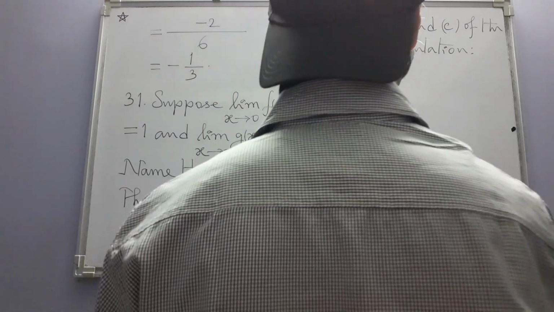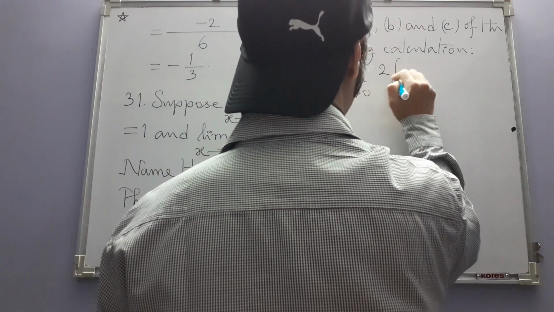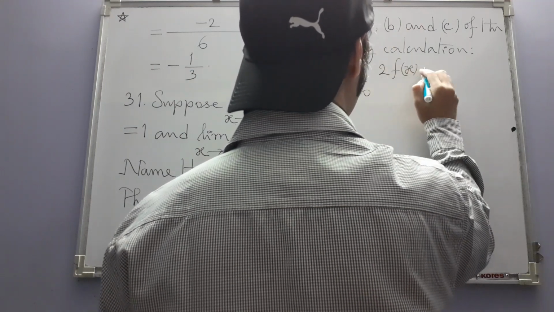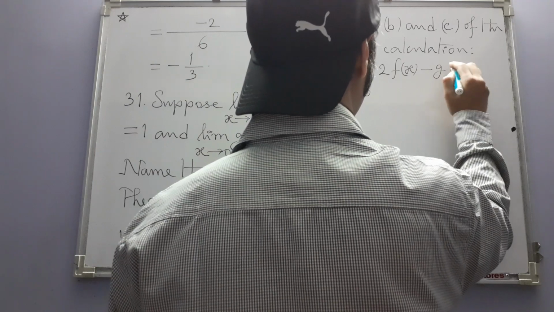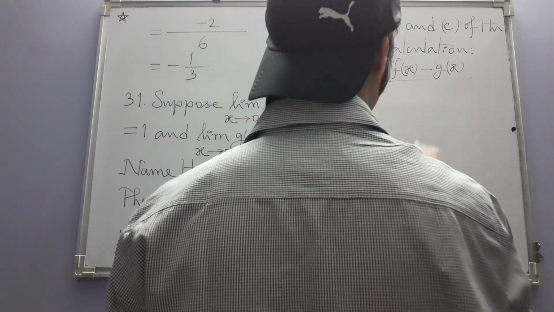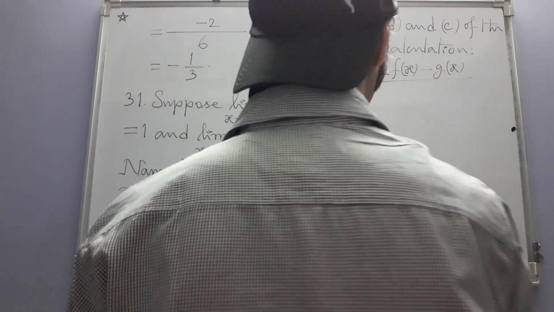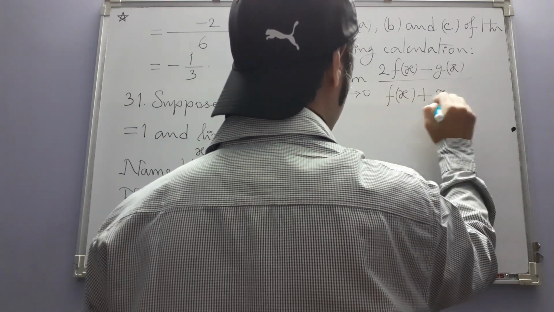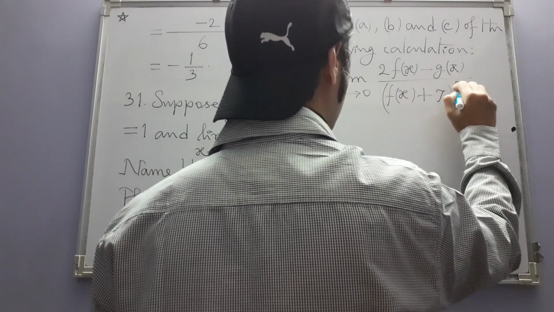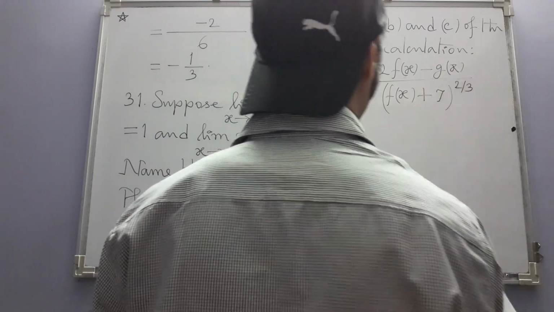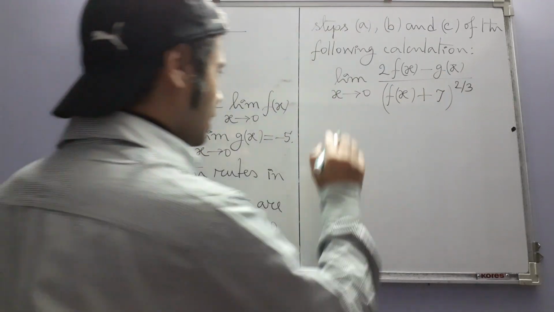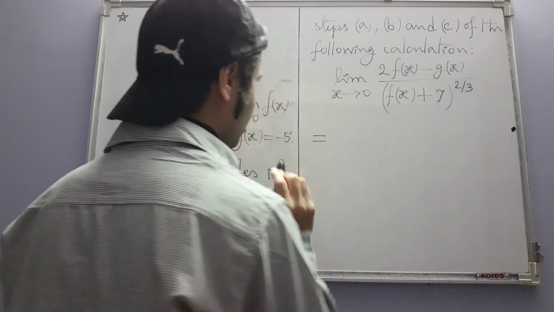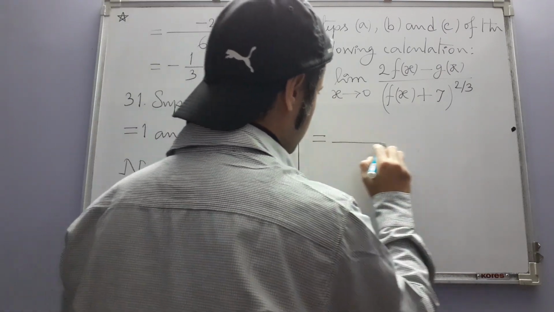Limit as x tends to 0 of 2 times f of x minus g of x over this thing. Okay, and the first step is this.